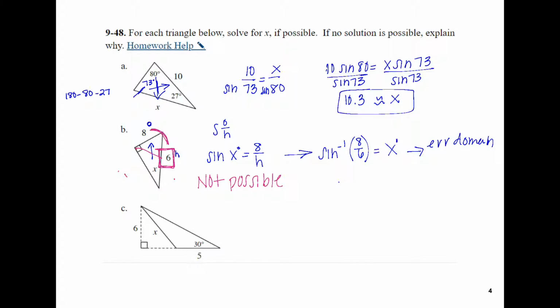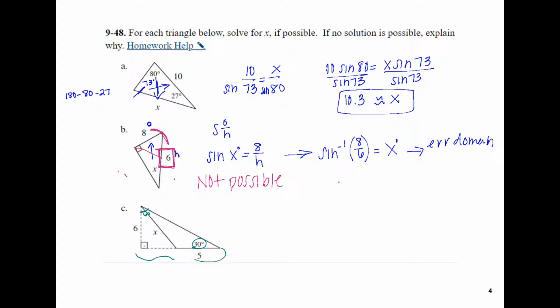Looking at letter C, we have a triangle and we have a side of x. We have a length that is 6, a length that is 5, and they told us that one of the angles is 30 degrees. Knowing that this angle is 30 and this angle is 90, I could say that this entire angle is 60, but that might not help me out too much.